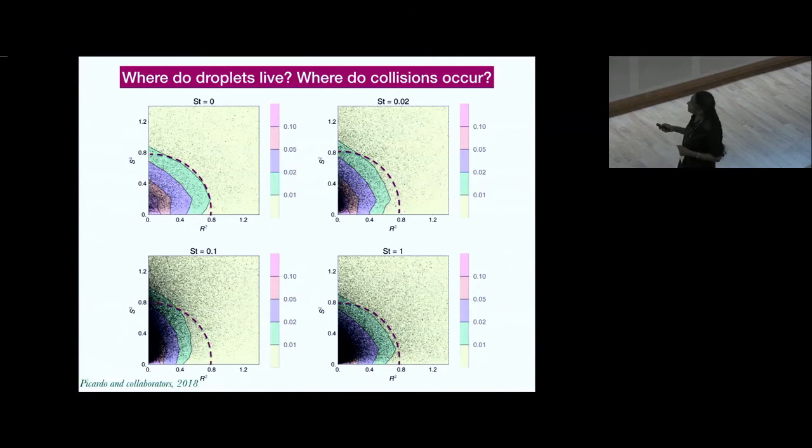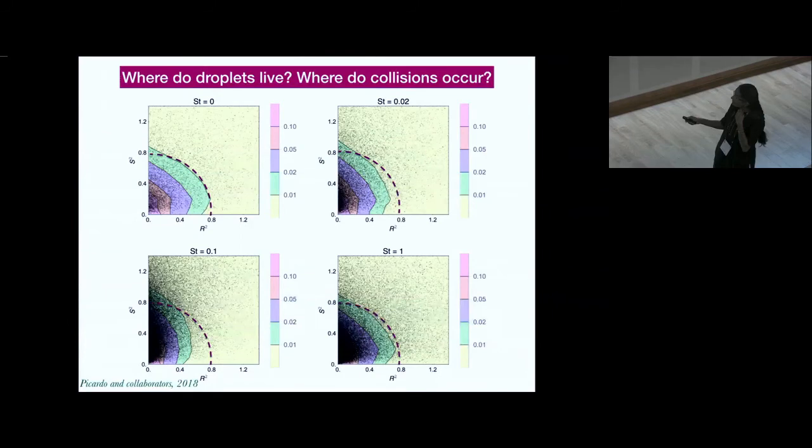Now, when you add a teeny bit of inertia, and remember cloud droplets have Stokes numbers slightly bigger than this even, you immediately see that more particles occupy strain regions. So it's not symmetrical anymore. But remarkably, the collisions are happening where there's very, very few particles.